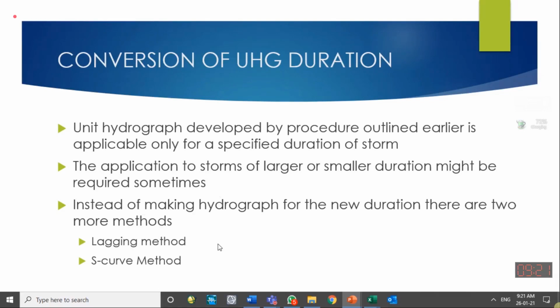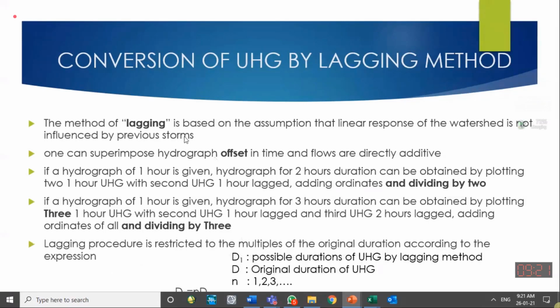We have two methods available. One is called the lagging method, one is called the S-curve method. The lagging method is used when we have to convert a unit hydrograph of a certain duration, which is already with us, into a unit hydrograph of a duration which is a whole multiple of the original duration.